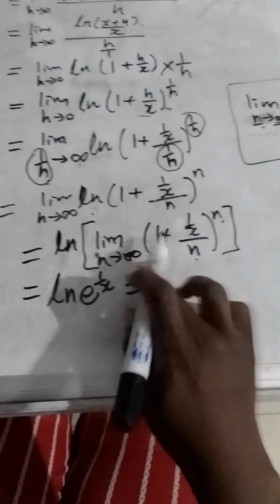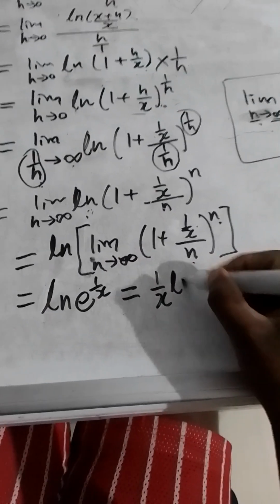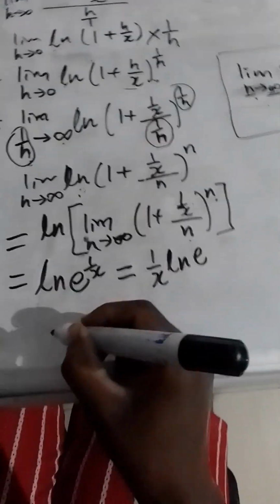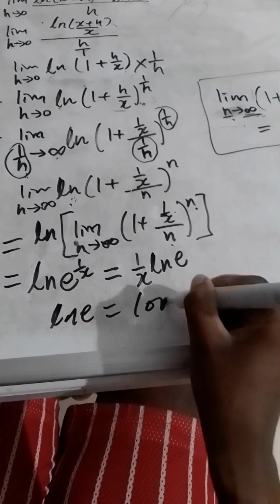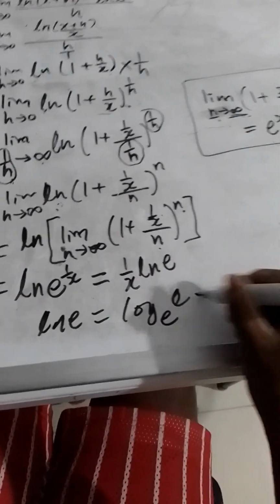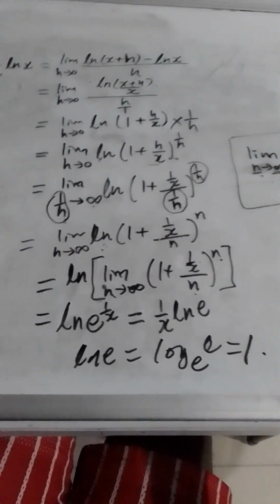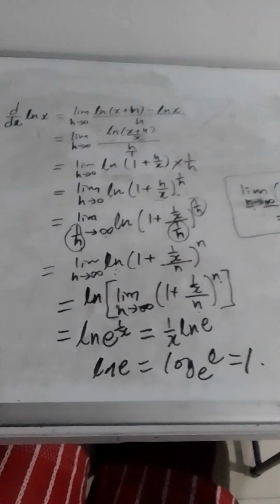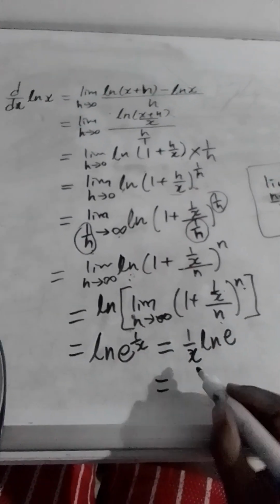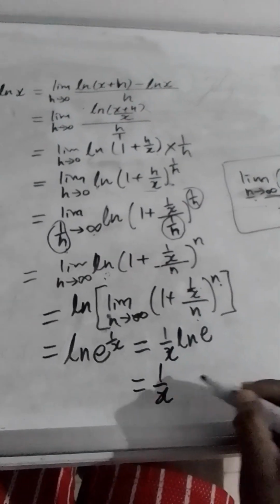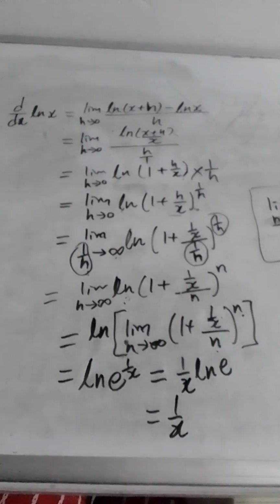But this by definition means that we have 1 over x times ln e. ln e, if we remember, is the same as log of e to the base e. And this, by definition of logarithms, is 1. So what we have here is 1 over x times 1, which is 1 over x. And that is how we get the derivative of ln of x.